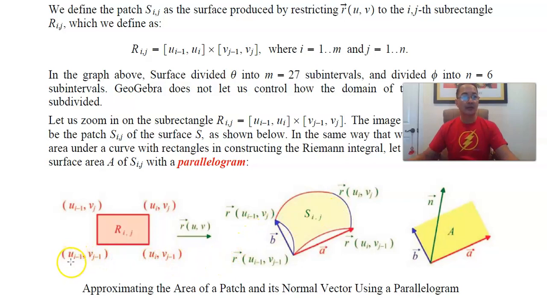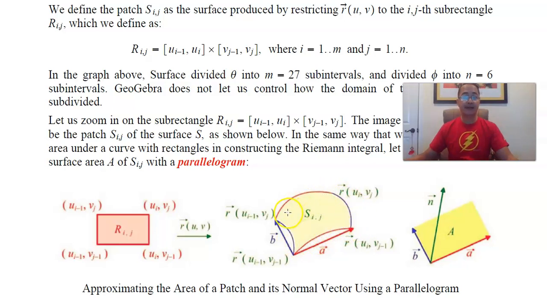So (u_{i-1}, v_{j-1}) might go to this corner, and then (u_i, v_{j-1}) might go to this corner, and (u_{i-1}, v_j) to this corner. We're not going to care so much about this fourth corner over here. So we have this subpatch, this kind of bulging surface on the actual surface.